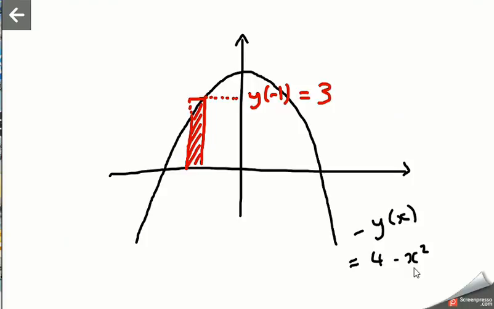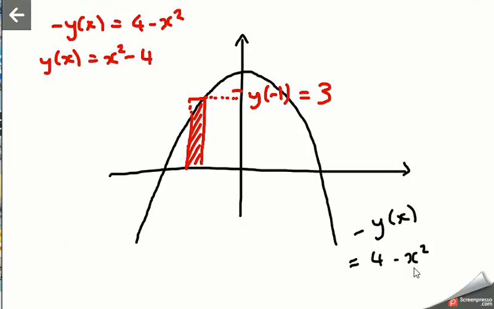Negative y of x is equal to 4 minus x squared. Better write that down: negative y of x equals 4 minus x squared, positive y of x equals x squared minus 4. The graph we have right now is of negative y of x, so don't get confused by that.